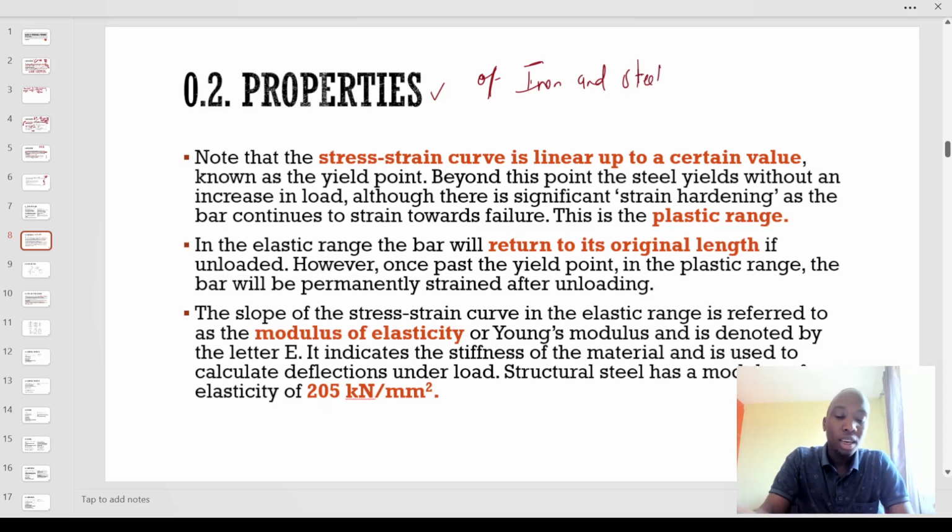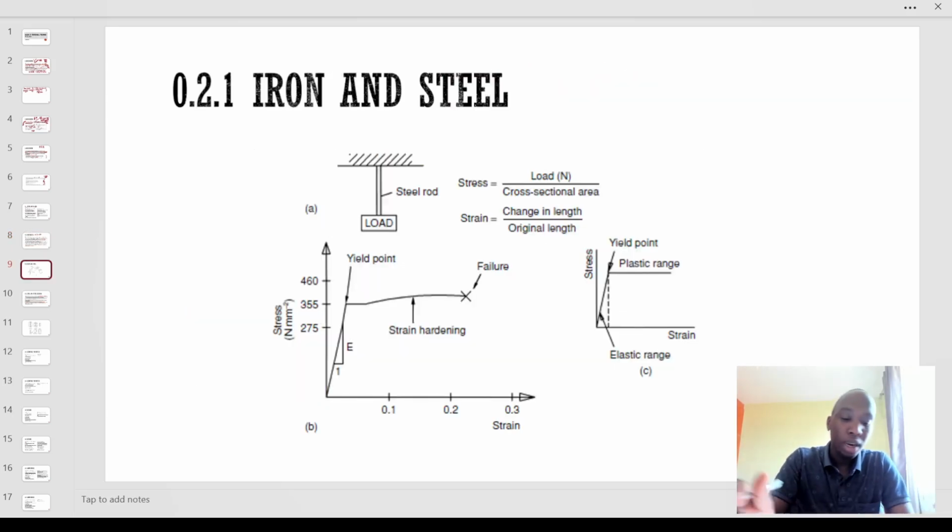So we are saying, if you look at this diagram, if you set a load on a steel rod and it is fixed on one end, what will happen? There will be a change in length.